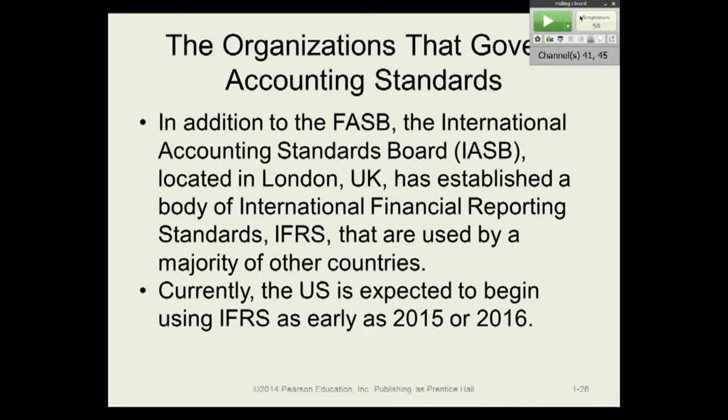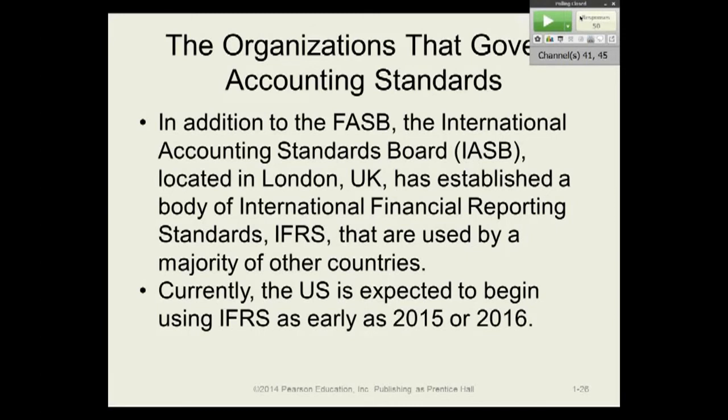Right now, most of the world, except for the United States, is on International Financial Reporting Standards, IFRS. Whether or not we converge remains to be seen. Those dates, 2016, keep jumping all over the place, so we're not sure. If that happens, you'll find that the FASB, the SEC, and the international standards are similar, but there are certain nuances.